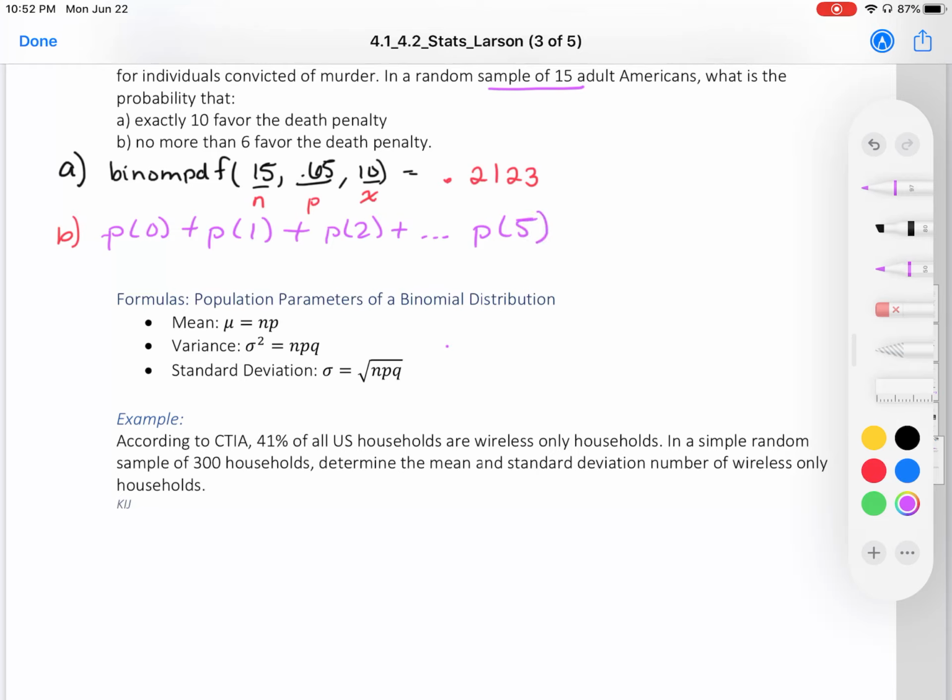Now you don't have to do each one by hand. If you use Excel, you can use your cells to just find them, and then you can type in equal sum and choose your cells. And then you can highlight your cells, right? If you're using your calculator, you can use binomial CDF. When you use CDF, it counts from 0 to a stopping number.